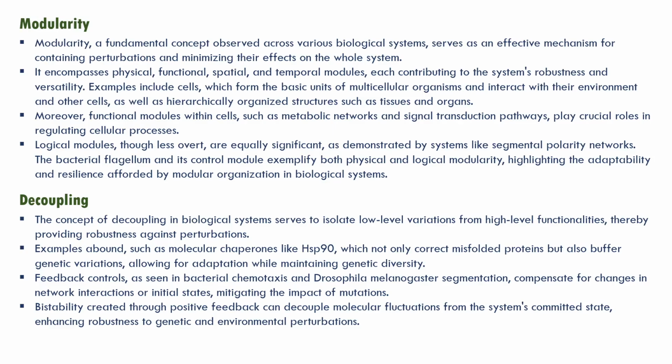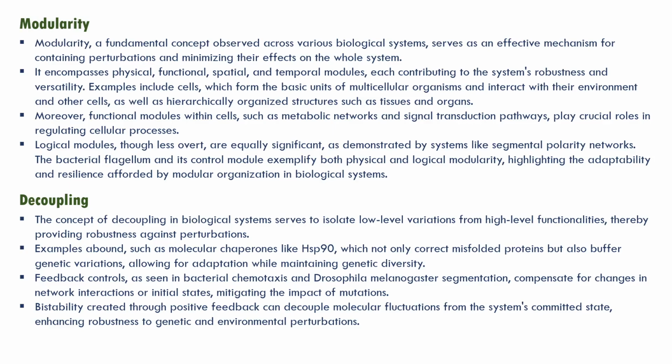I don't remember exactly, 2018, I think. Anyway, molecular chaperones like HSP not only correct misfolded proteins but also buffer genetic variations, allowing for adaptation while maintaining genetic diversity. So they perform two functions: they correct misfolded proteins but also buffer genetic variations. So it's kind of a two-way thing that it is doing.